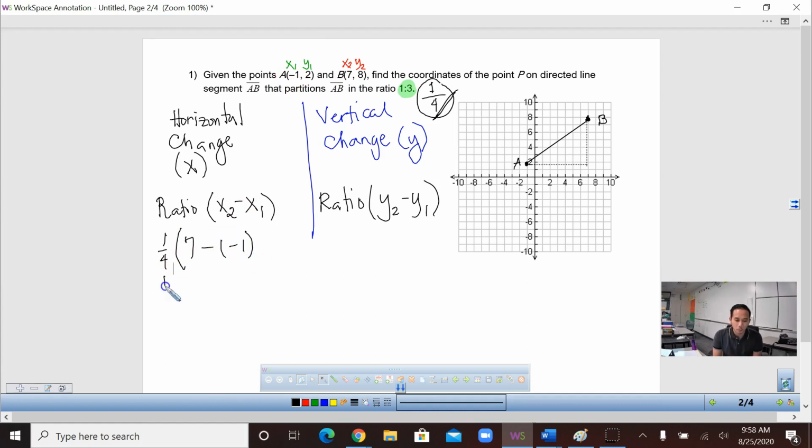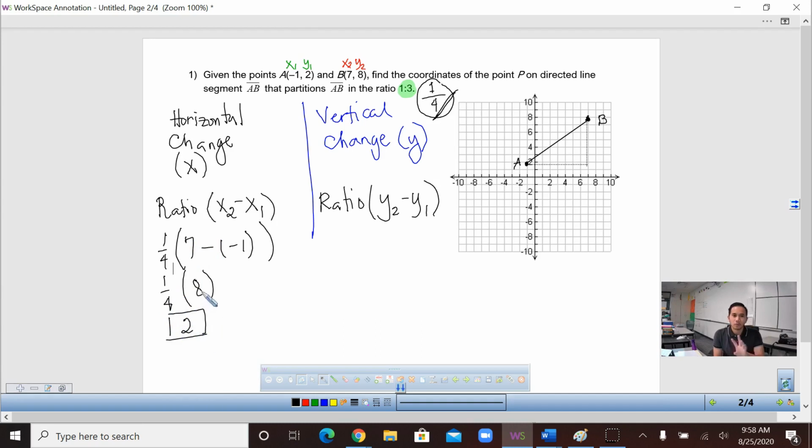Okay, and then that's 1/4. So 7 minus -1 will give us 8. Therefore, the horizontal change will be 2. I'm going to box this one because we still need this.